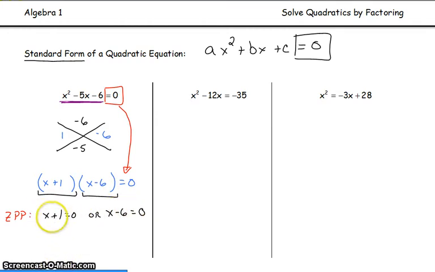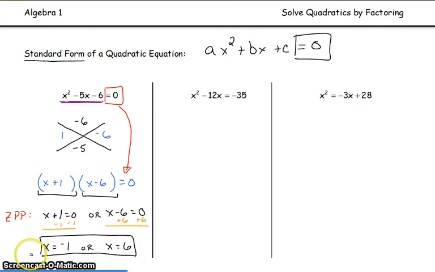So my last step would be to solve each one of these equations separately, because I have two different equations here. I'd subtract 1 from both sides and get x equals negative 1, or I add 6 to both sides here and get x equals positive 6. Those are the solutions to this quadratic equation by factoring.